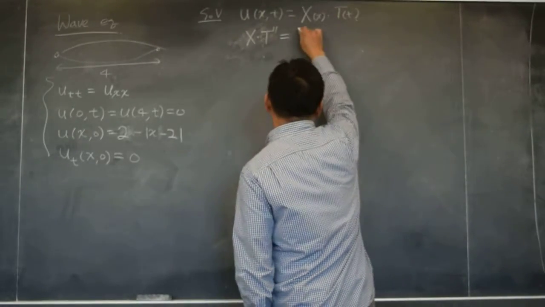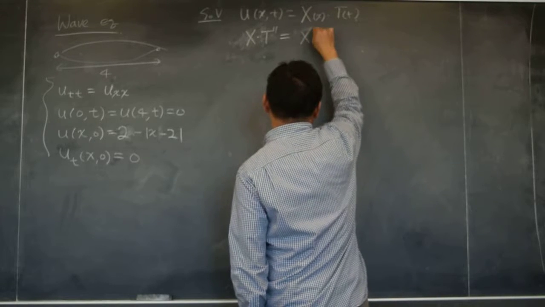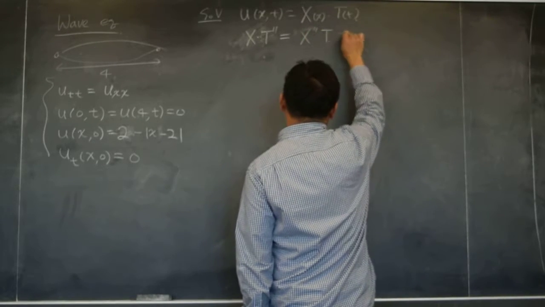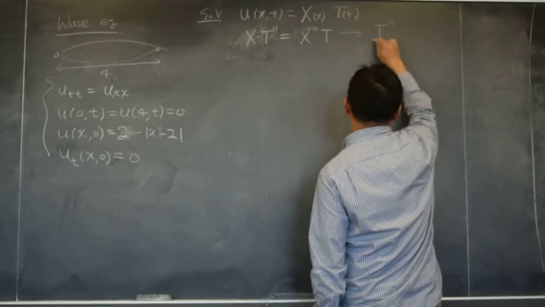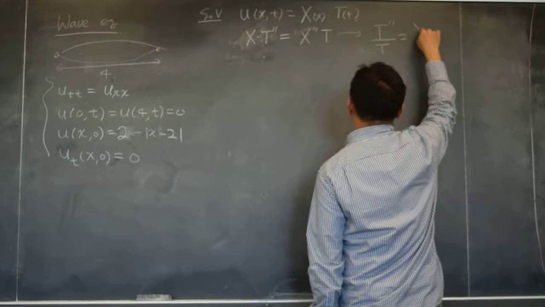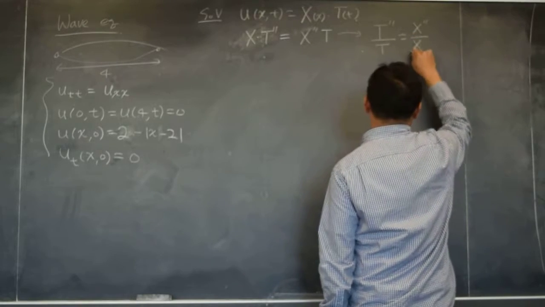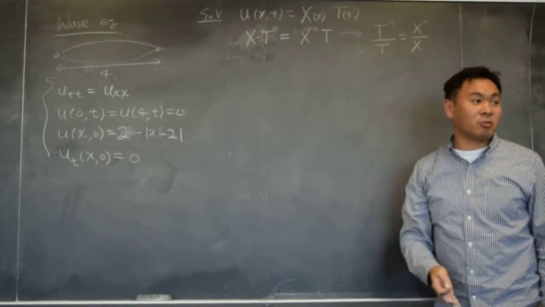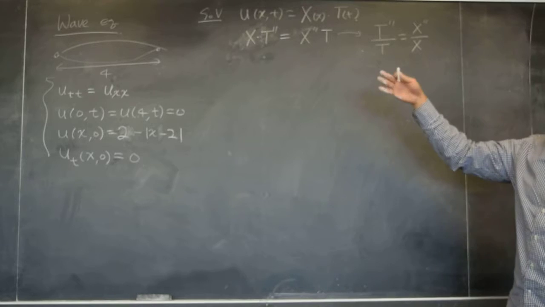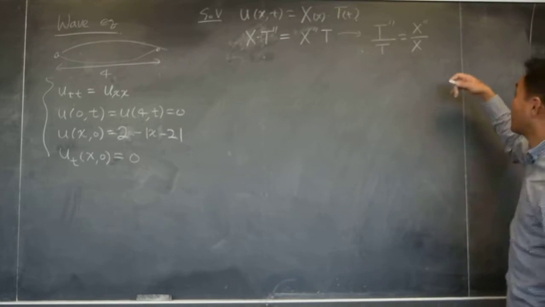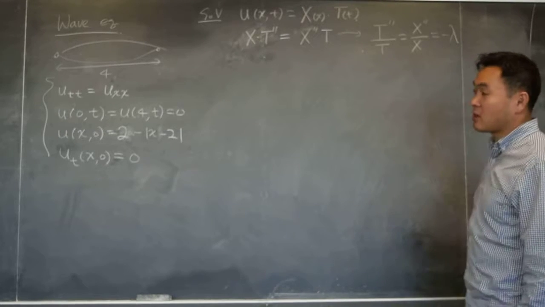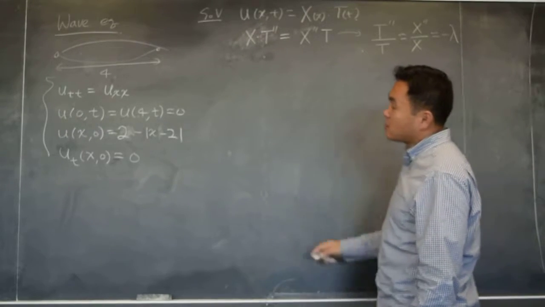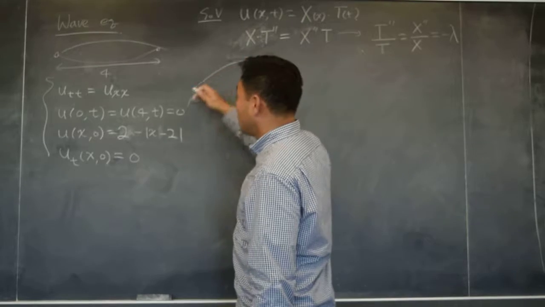X double prime times T. Okay, and then if you divide everything by X and T, you get T double prime over T equals X double prime over X. And it's the same story. Once you have a function of t on the left side and a function of x on the right side, it has to be a constant, say equal to negative lambda, and this is also the same story.